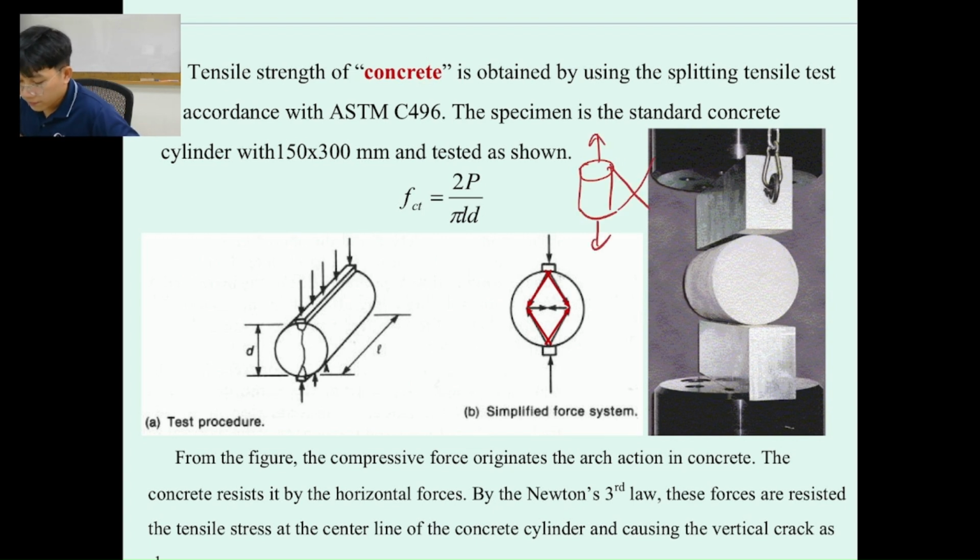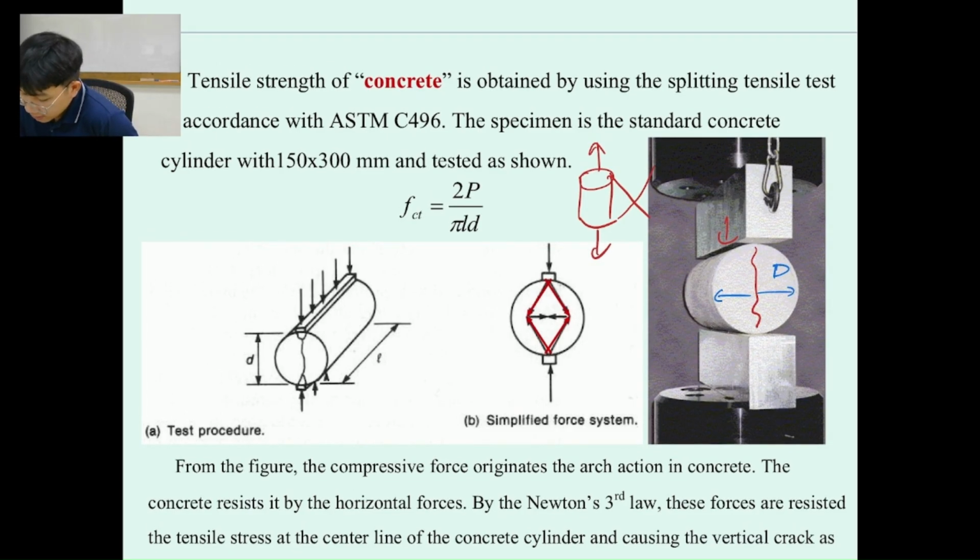So one way to convert for the splitting tensile is just to apply force over here, make it fail, and then measure the reaction force of the cylindrical concrete over here as P, and then we can just calculate it easily by equal to 2P over pi LD, where L is the length of the sample and D is the diameter of the sample over here.